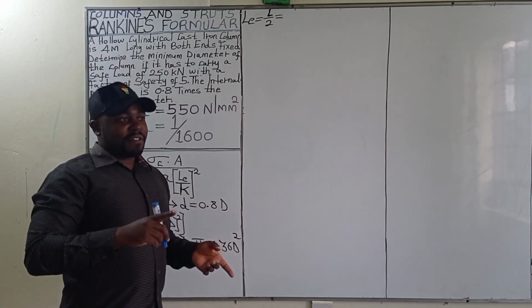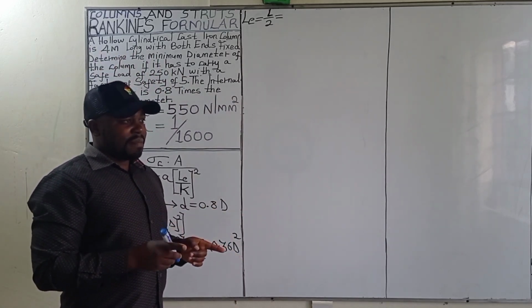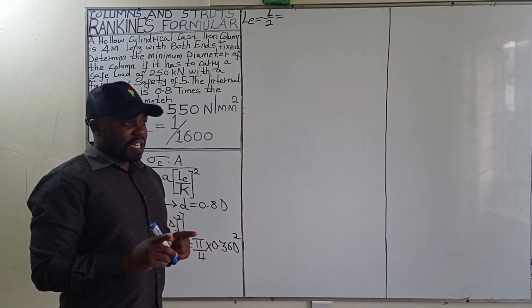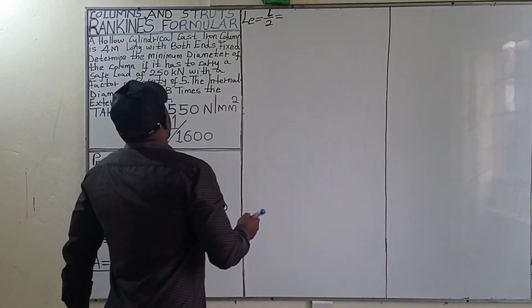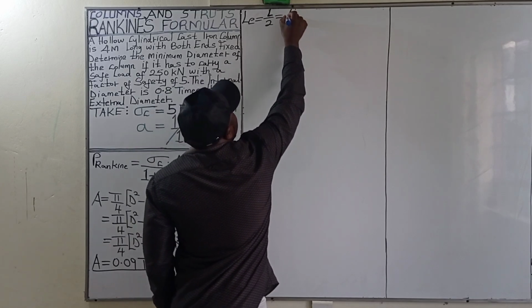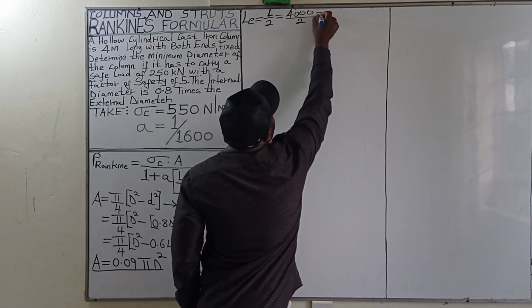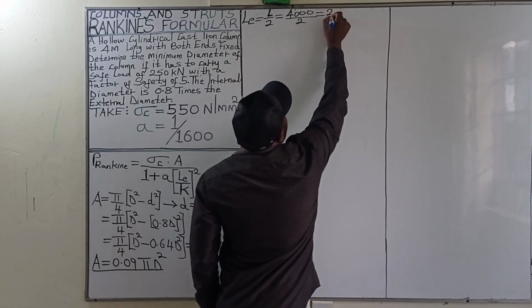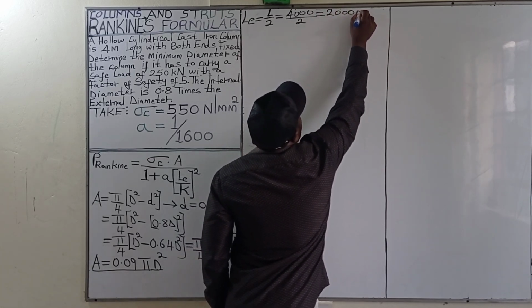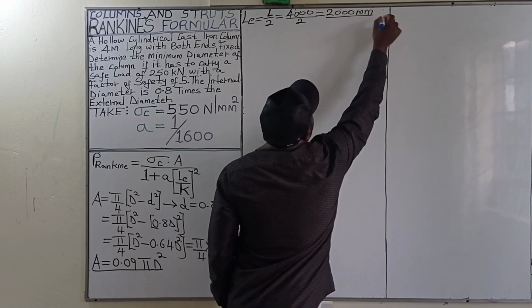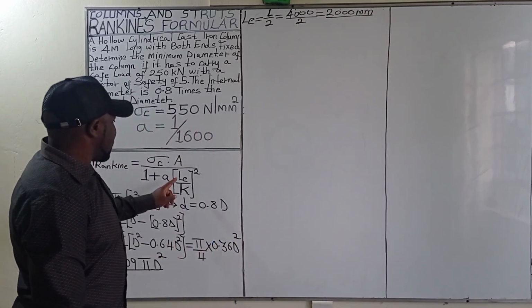So we are going to convert 4 meters to millimeters. 1 meter is equivalent to 1,000 millimeters. Therefore, 4 meters is going to be 4,000 millimeters. So that's going to be 4,000 millimeters divided by 2, which is 2,000 millimeters. That is the effective length.